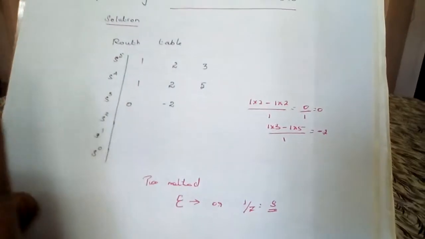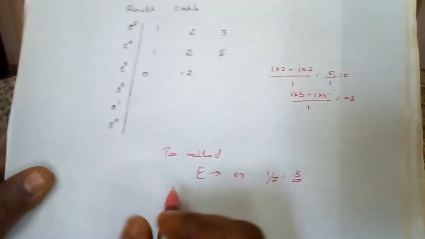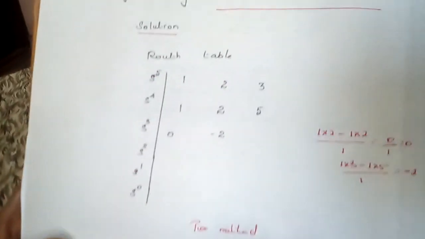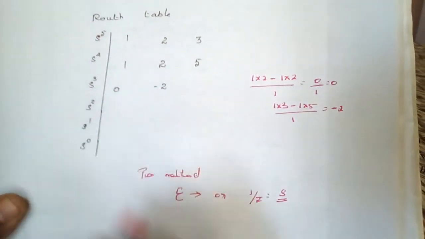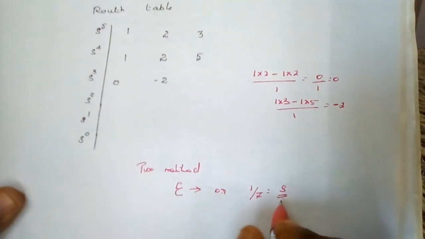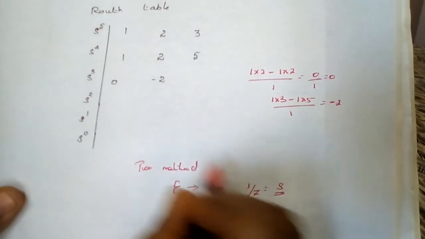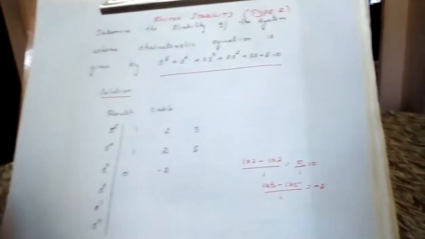In order to check the stability, I am going to proceed with the characteristic equation using two methods: one by substituting the 0 as an epsilon value, or by substituting s as 1 by z in the provided characteristic equation.